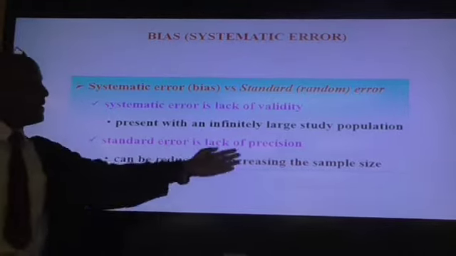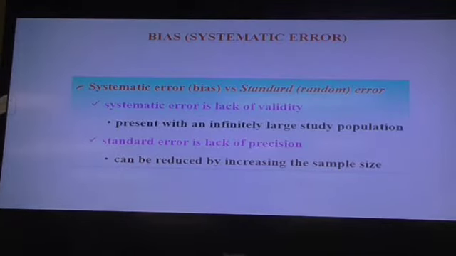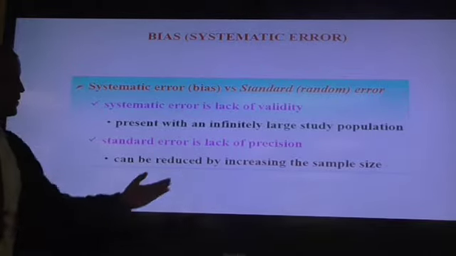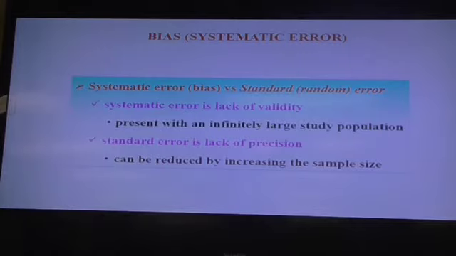Standard error, on the other hand, is a lack of precision. It may not be precise, but it is still valid. One way of reporting lack of precision is by calculating the confidence interval. So that confidence interval indicates your lack of precision.